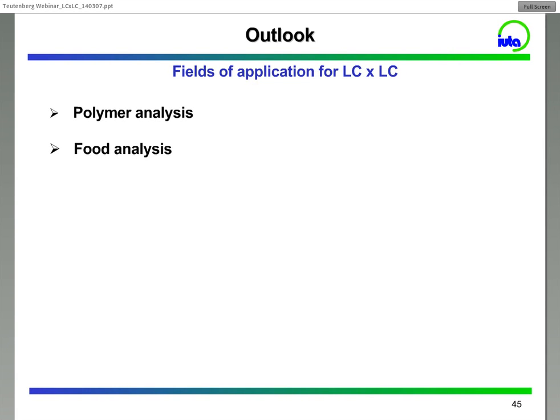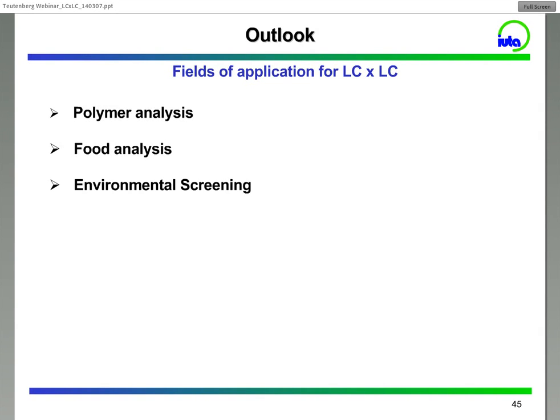In food analysis, it's mainly dominated by GC times GC, but I think with the availability of the respective LC times LC systems, it's also possible to make a complex screening here.